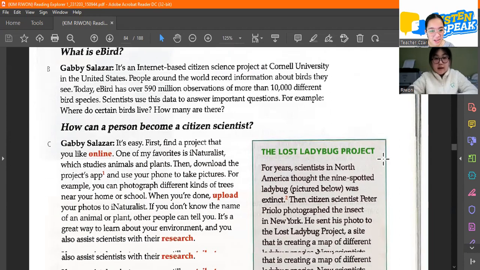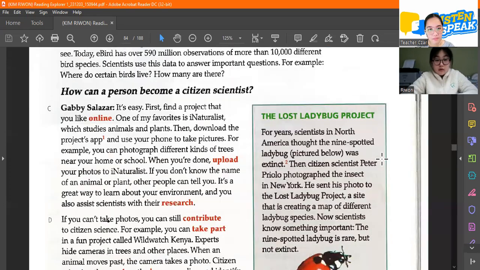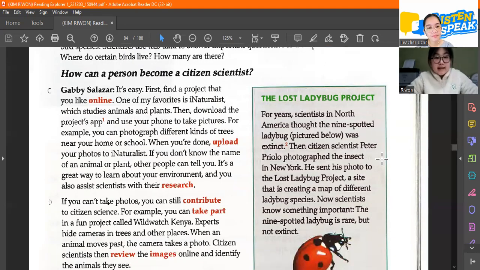Okay. Now, how can a person become a citizen scientist? It's easy. First, find a project that you like online. One of my favorites is iNaturalist, which studies animals and plants. Then download the project app and use your phone to take pictures.